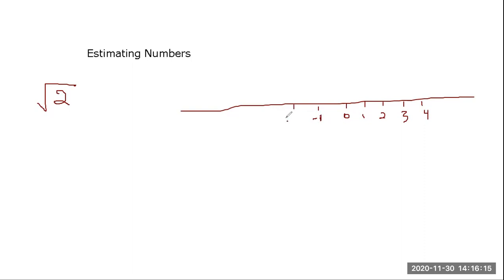For example, we know what the square root of 4 is, right? That is 2. So if the square root of 4 is 2, this is where the square root of 4 is. And then we know that the square root of 1 is 1.